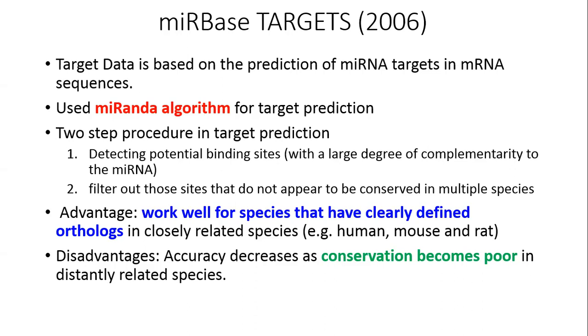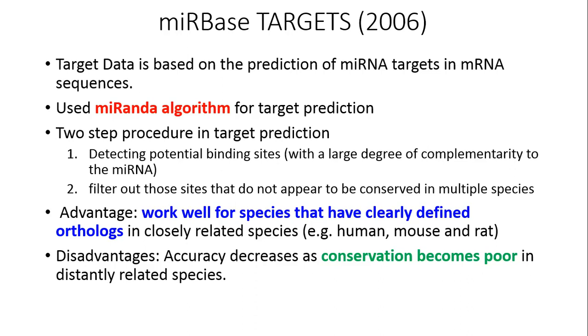But the disadvantages started to accumulate when you consider alignment or comparison with distantly related sequences, for example from plants or prokaryotes, or distantly related clades like mammals versus aves or reptiles. These species diverged a long time ago.